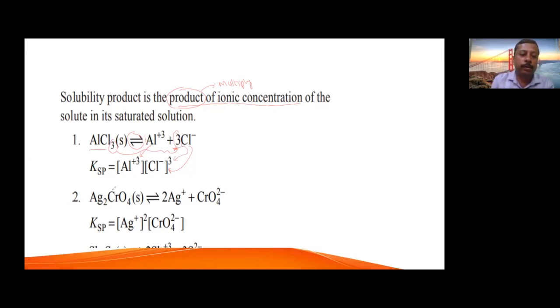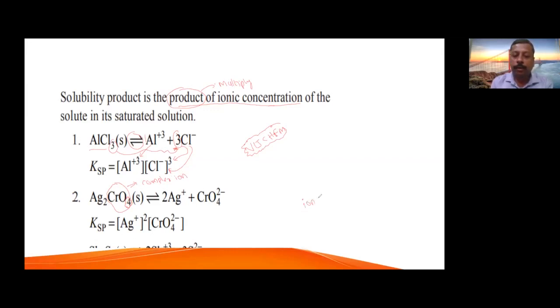Now let us take another example. This is a question where most of the students commit mistakes. But being a student of chemistry, these types of blunders you are not supposed to make. This CrO4 as a whole is called chromate. This is called a complex ion.